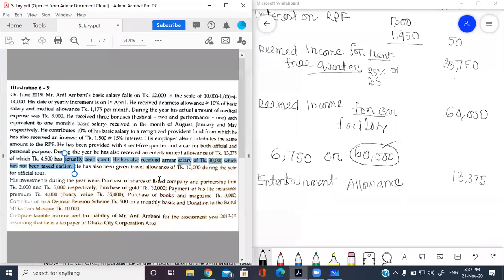So what Mr. Ambani needs to do right now is simply add that arrears salary to his computation of current taxable income from salary in this period. Okay. So let's write that amount, arrears salary. How much? 30,000.